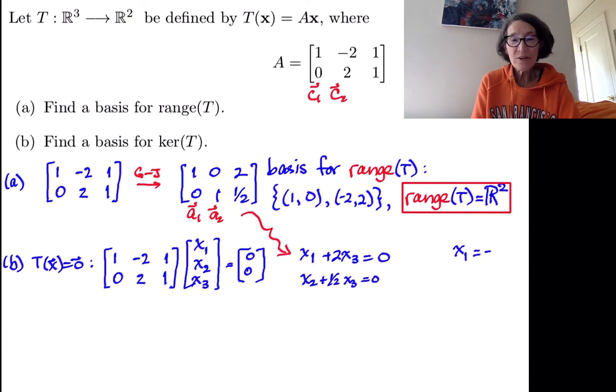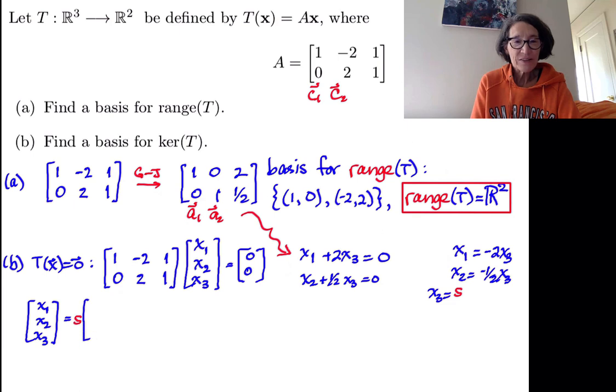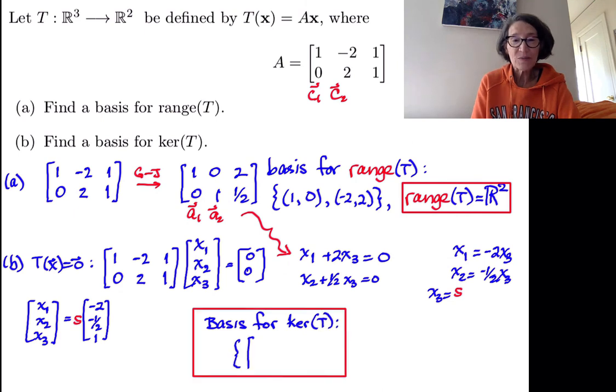We have one free variable, so x1 is negative 2x3, x2 is negative 1/2 x3. So x3 can be our parameter s, and we can write down the vector as s times (negative 2, negative 1/2, 1), and that means that our basis for the kernel of the transformation consists of this one vector, (negative 2, negative 1/2, 1).